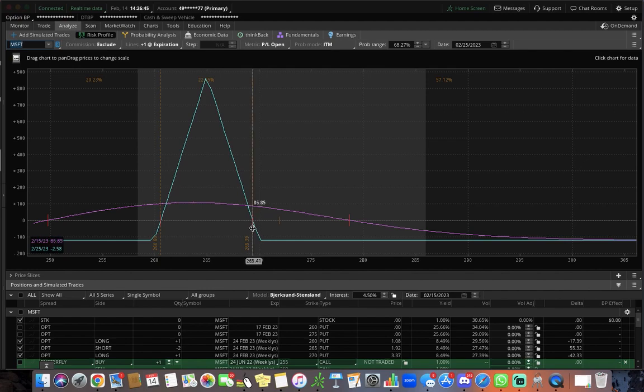The other thing too is you leg into these trades just like you would anything else. You can put your toe in the water, feel it out, see if it's going in your direction, and then add to it, and or create different types of trades around it, right? So nothing is binary in the market. It's always good to know different strategies for different market environments.